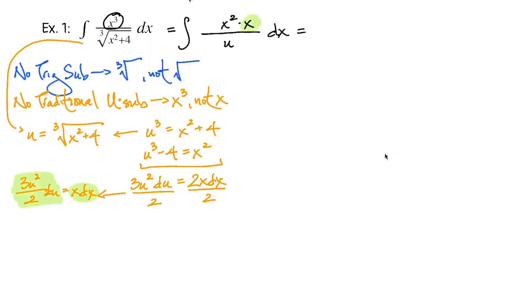So this x and this dx get replaced with 3 over 2 u squared du. And then I have this x squared here. But look at what I did in that intermediate step: everywhere I see an x squared, I can put u cubed minus 4. So let's see what that looks like when we substitute everything in. We end up with u cubed minus 4 over u times 3u squared over 2 du.